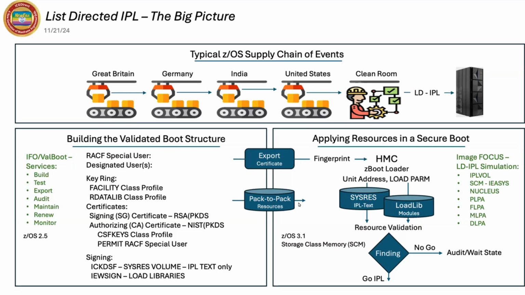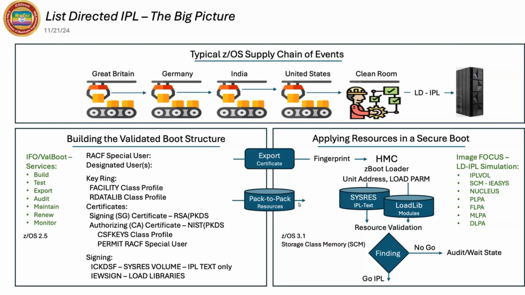Once the structures are in place, then a signing activity takes place using one of two IBM supplied components. ICKDSF, which I'm sure you're quite familiar with, will be used to sign the volumes and the IPL text that's on the sysres volume.